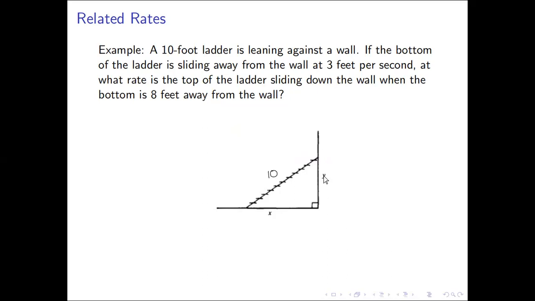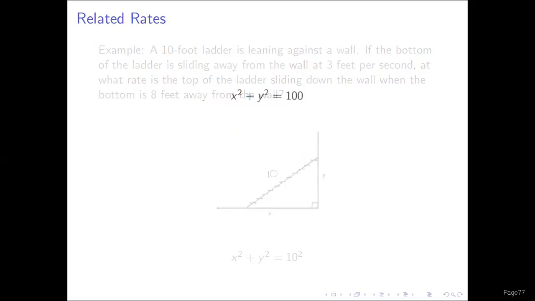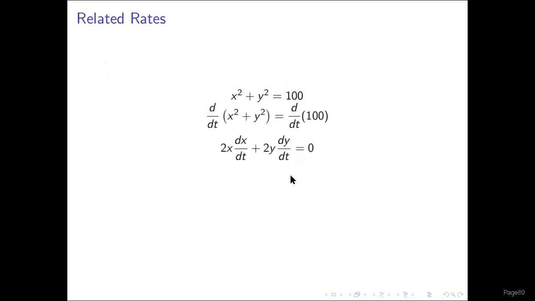That is dy/dt. So what we can do now is solve for dy/dt: transpose this, then divide by 2y, and then simplify, you get that.